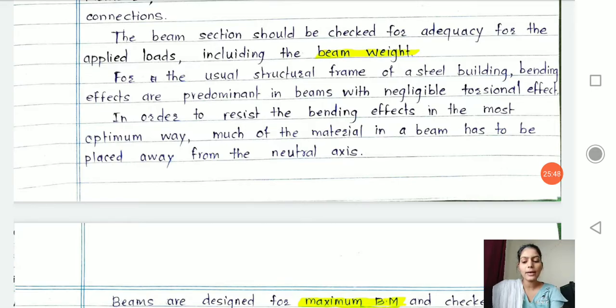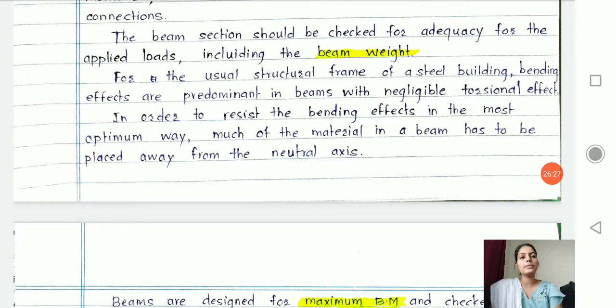There are many things going on within our section: tension, compression, then secondarily shear, torsion, buckling. Many things occur within our member, but we have to check which one is predominant, which one carries the highest effect on our member. That predominant collapse mechanism is taken care of while designing that section, and the rest of the collapse mechanisms are checked for safety.